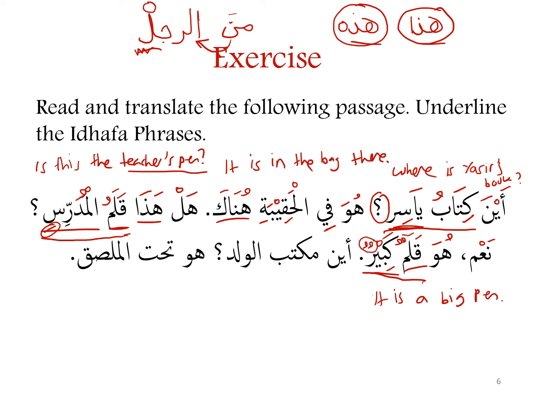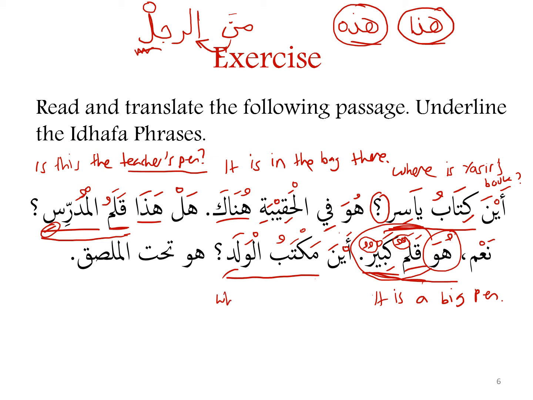And why did it have a dhamma? Because we just have a normal sentence here, huwa, and then this second part here. So by default, it takes a dhamma. Aina, again, which means where. And here's another Idhafa phrase. Maktabul waladi.